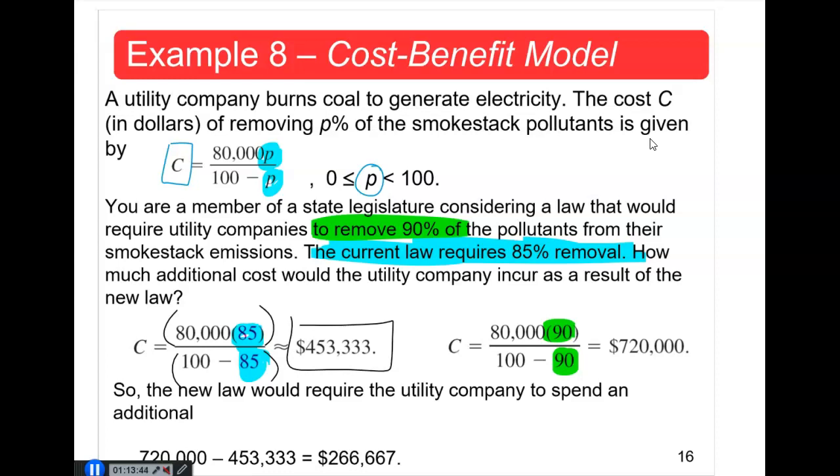Now, with the new proposed law, you enter a 90, and you might think it's not a huge difference, but that's just how rational functions work sometimes. Remember how sometimes they increase without bound, or may decrease without bound. That's why the numbers look too far apart for just a 5% increase. If you type that into your calculator, you get $720,000.